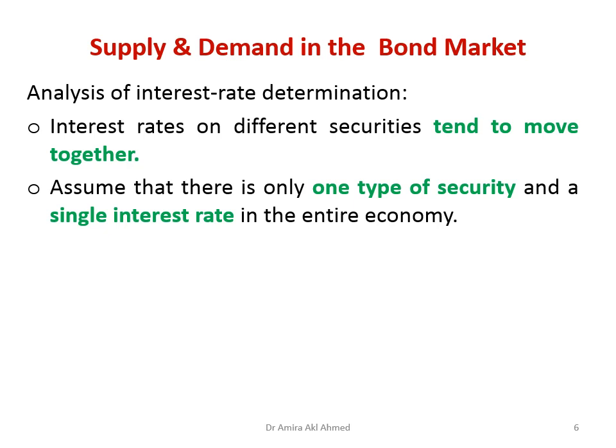The first step in the analysis of interest rate determination is to obtain a demand curve for bonds. This demand curve shows the relationship between the quantity demanded of a bond and its price when all other economic variables are held constant.